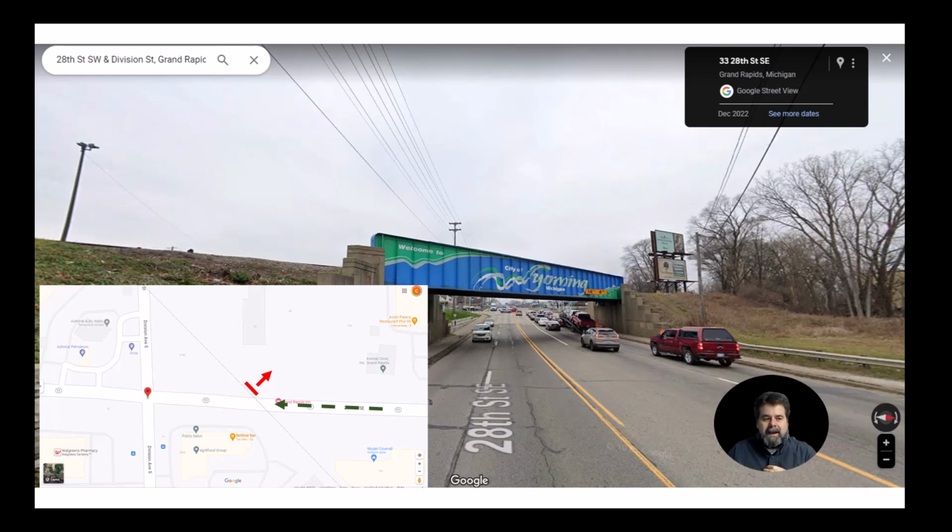Down in the lower left, if you look at the map, this green arrow shows the perspective that we're looking at this image from. We are essentially traveling, if you look at the image in front of you, from right to left. You are traveling essentially west.